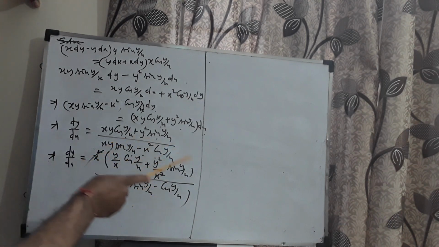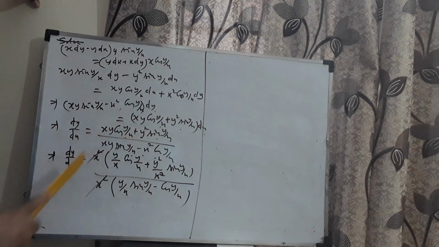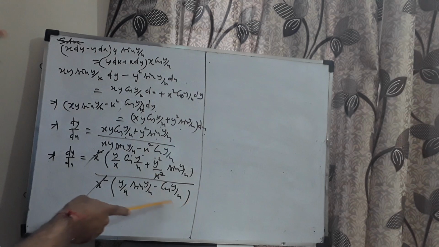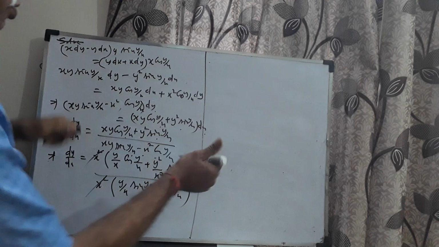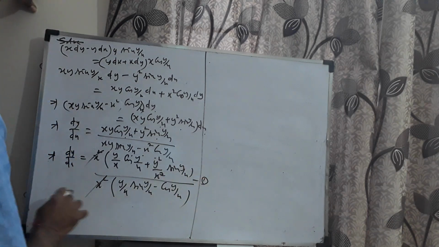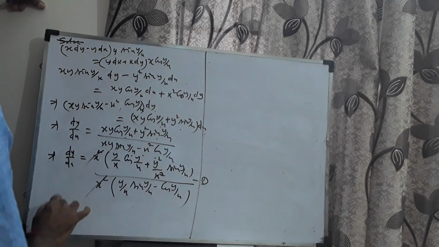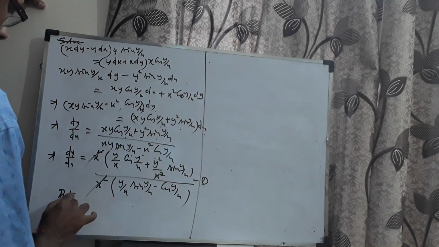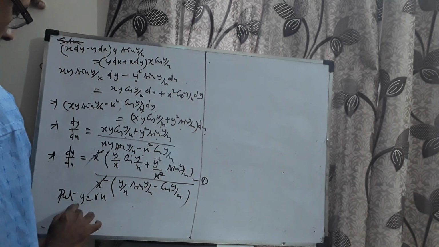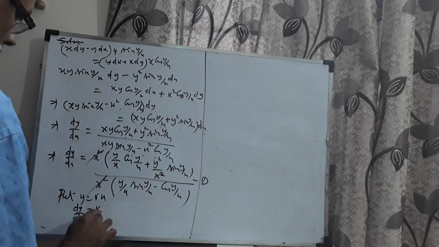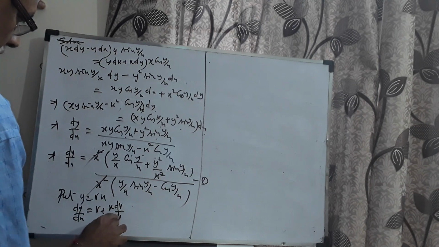So I come to the conclusion that the right hand side is a homogeneous function of degree 0. That part I am just dictating because it will occupy more space. Therefore, here put y is equal to vx, and dy by dx now becomes v plus x dv by dx.